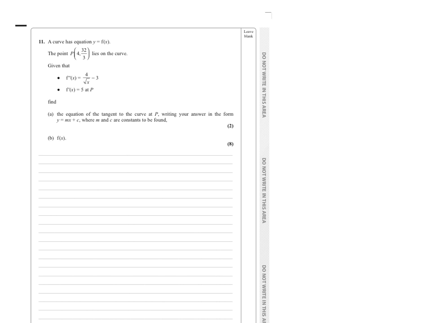So, for part A, we want the equation of the tangent to the curve at P. So, we know the gradient at P is 5, and we know the point, which is (4, 32 over 3).